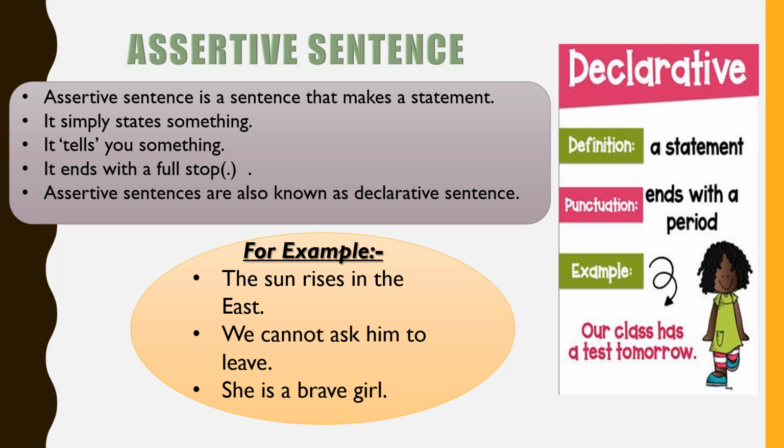Next is she is a brave girl. It is a normal statement that tells us about that girl. So whichever sentences state or declare something, that is a declarative or assertive sentence, right?